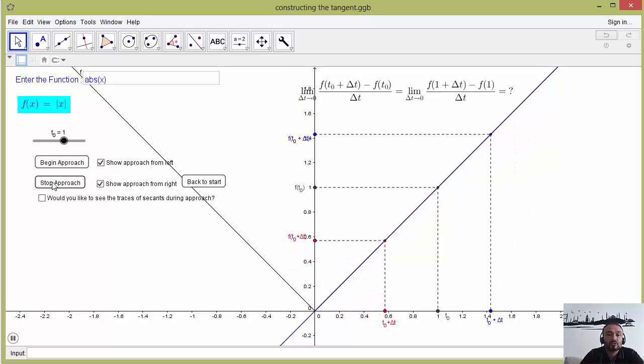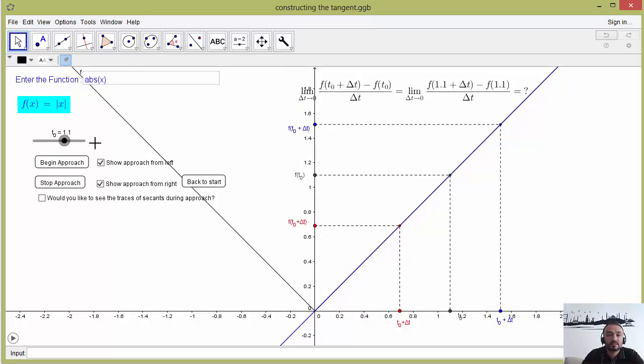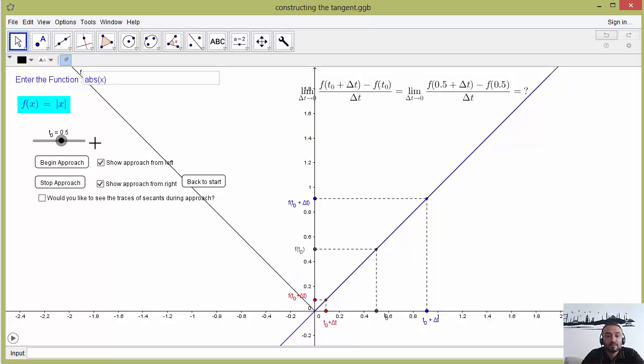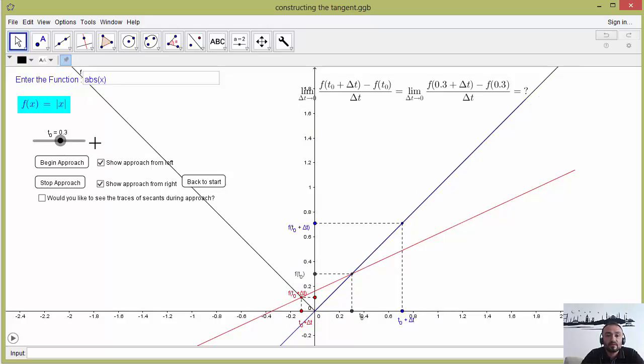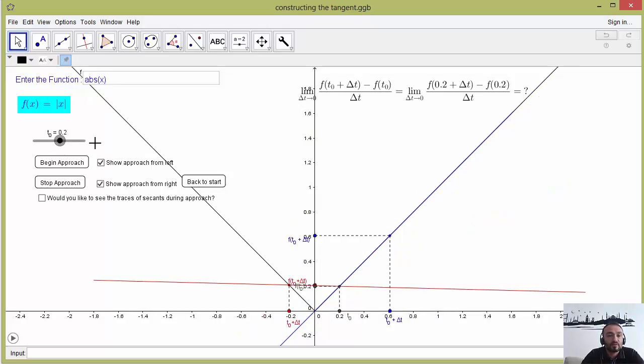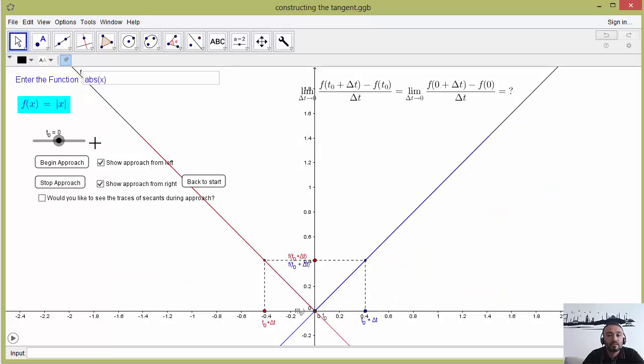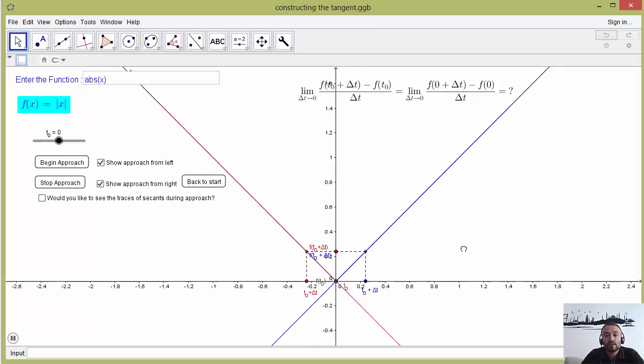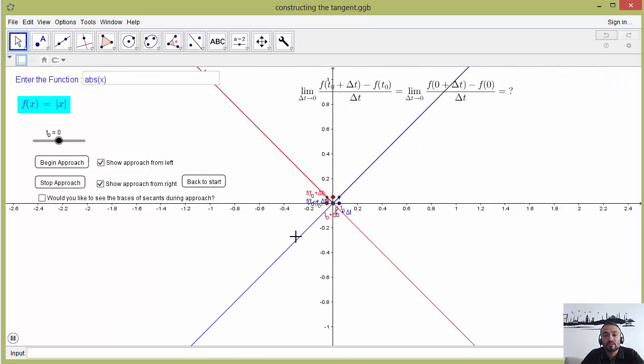And stop approach, and let's set the point different from 1 as 0 and begin approach. In this case, you can see that again we have constant slope with secant and tangent, but there is something interesting here.